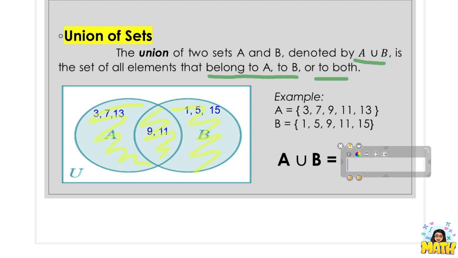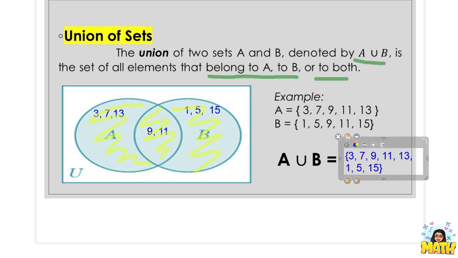So here, we can have all the elements of A and of B, considering yung common na rin sa kanila. Hindi na natin sinulat ulit ang 9 and 11 because again, the elements in a set must be distinct. So here is the union of set A and set B.